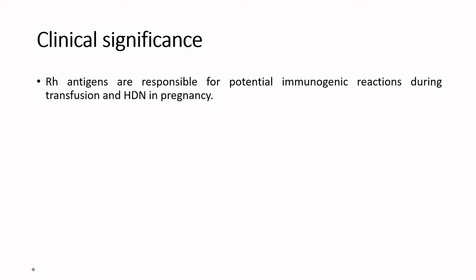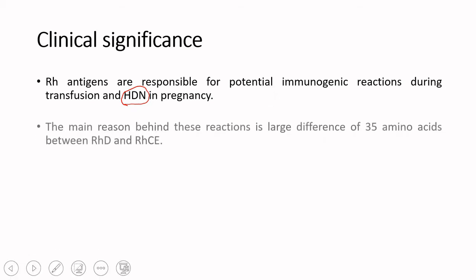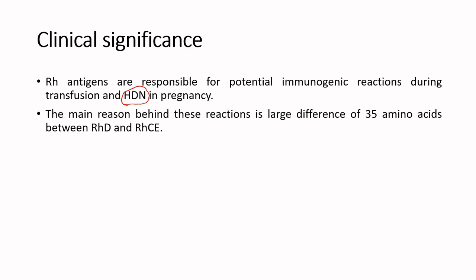We have seen in the introduction that a pregnant lady can have a fetus with hemolytic disease of newborn, and that is due to this Rh antigen. The main reason behind this reaction is the large difference of 35 amino acids between RHD and RHCE antigens.